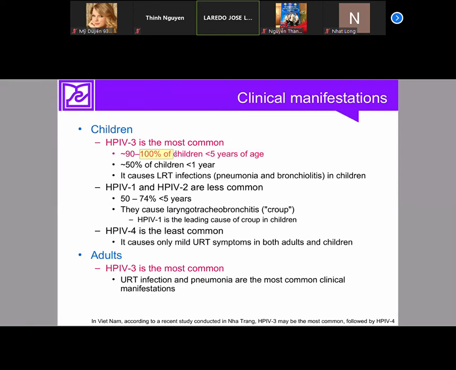And in children younger than 1 year, so in infants, about 50% of them are infected. Very common. Type 3. The other types, type 1 and 2, are not so common, but they are also very common, almost 75%. And type 4 is maybe the least common, but they are also very common.